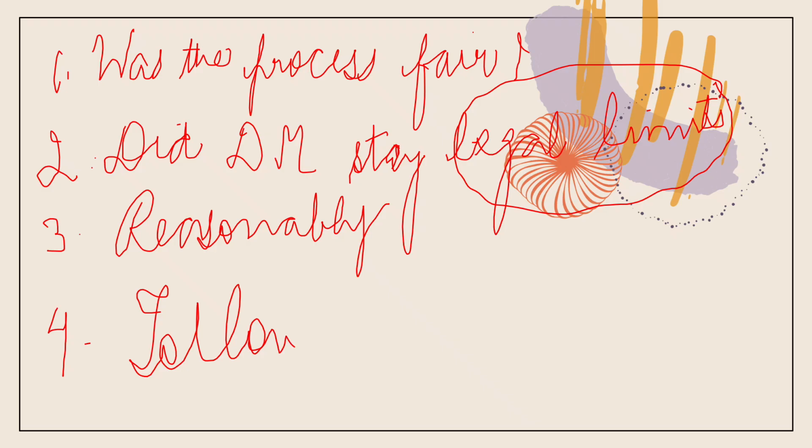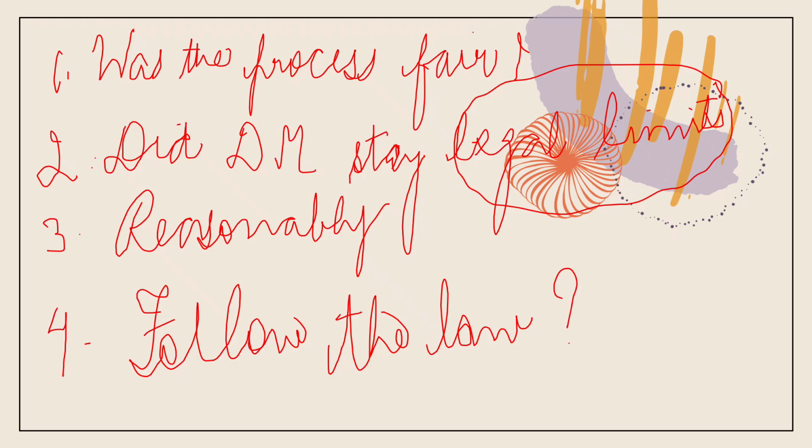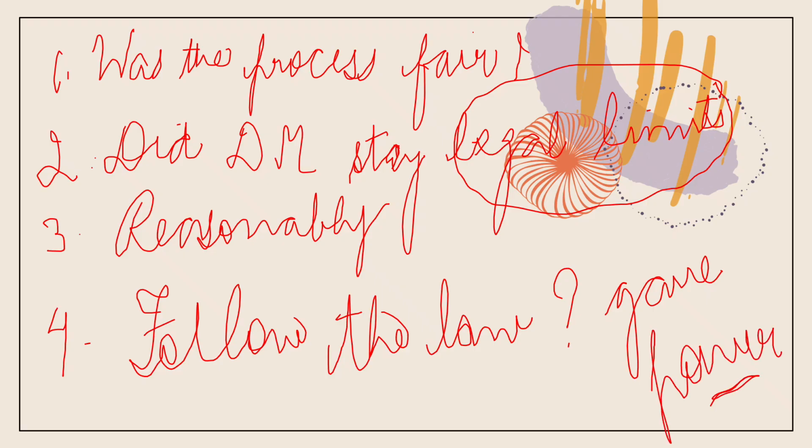So this is important. The person has to follow the law. Which law? That statute, that law which gave that particular decision maker the authority to make that particular decision. So that power. So you can write down these four things, that what does properly here means.